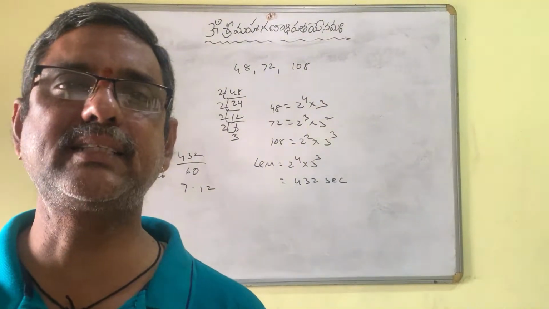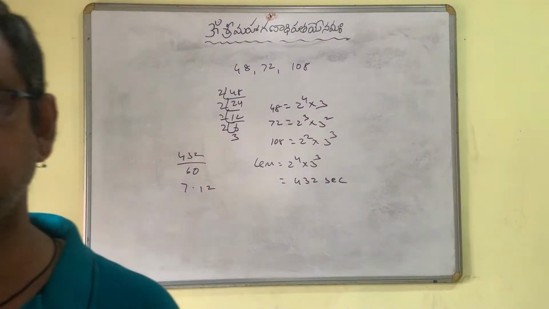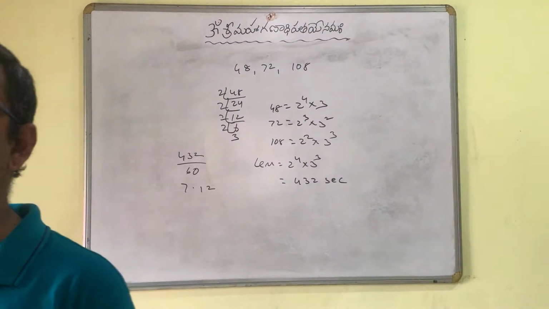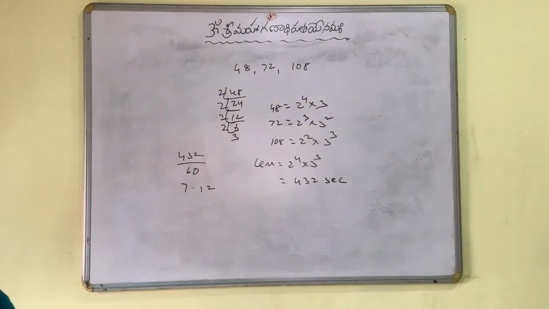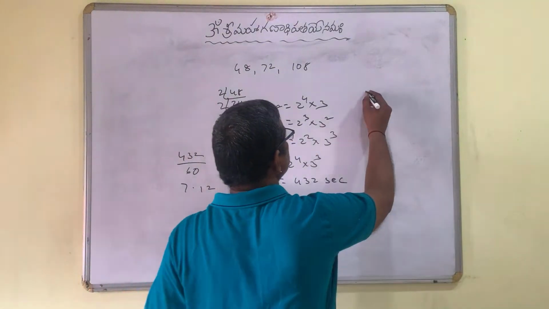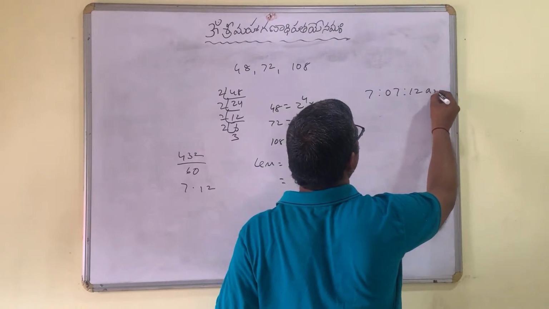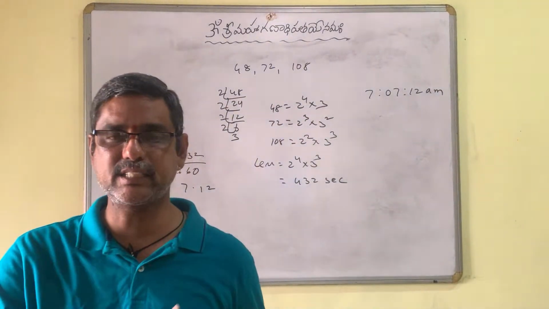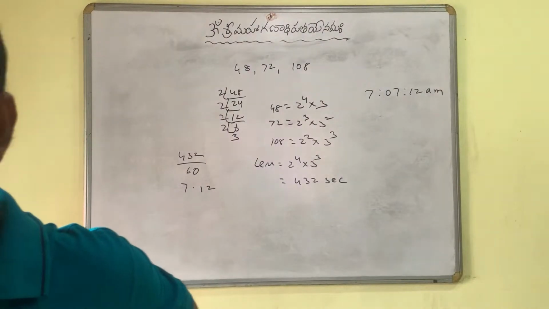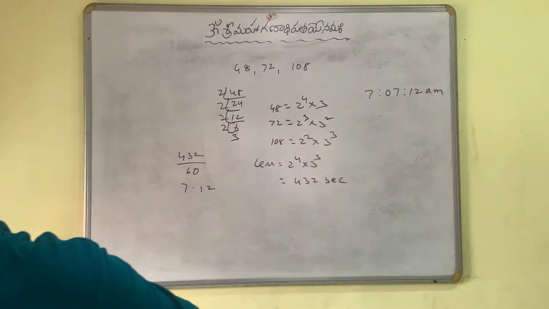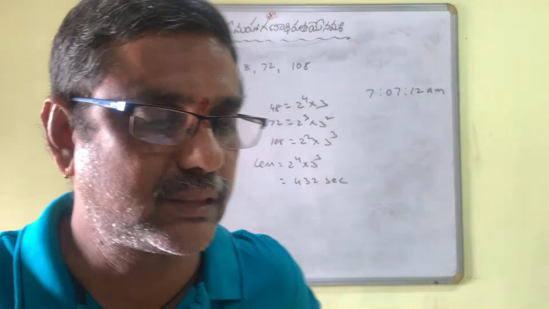After every 7 minutes 12 seconds, all the three lights change at a time. Is that right? So 7:07:12 a.m. was the next time they change after 7. That should be your answer.